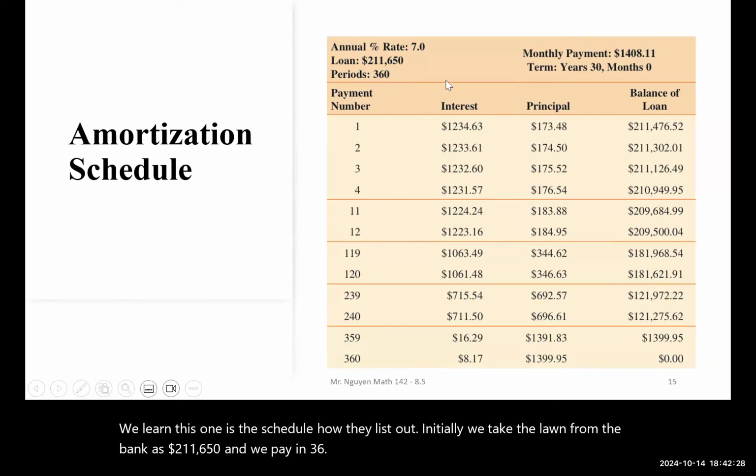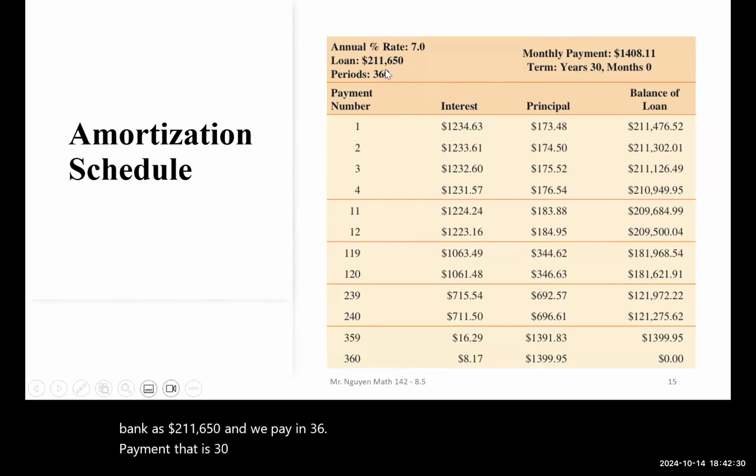That is 30 years. And then the annual interest rate is 7.07%.